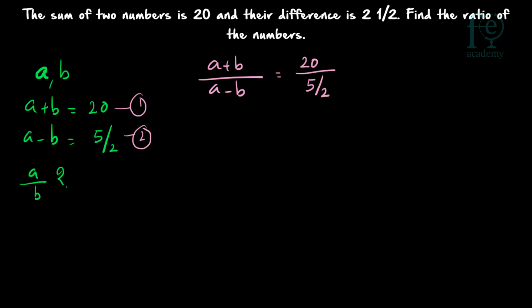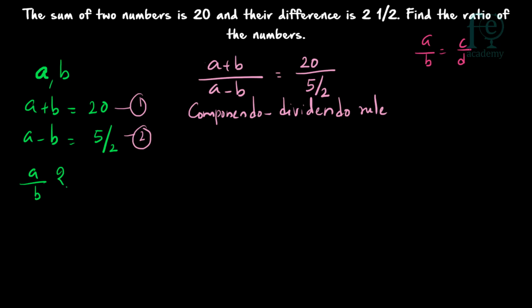So to this fraction, A plus B divided by A minus B is equal to 20 divided by 5 by 2, let's apply the componendo dividendo rule. So what is the rule? Some of you might be familiar with this rule, componendo dividendo rule. So I will just explain what it is. Componendo dividendo rule means, suppose A by B is equal to C by D, or we are having two ratios that are equal.